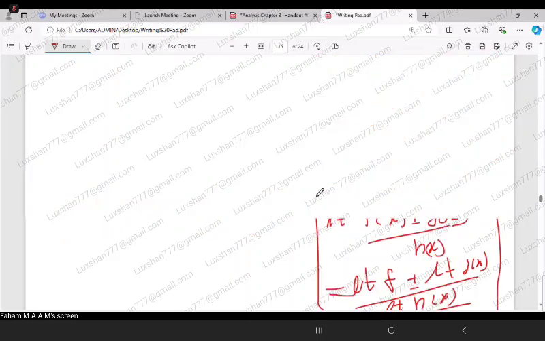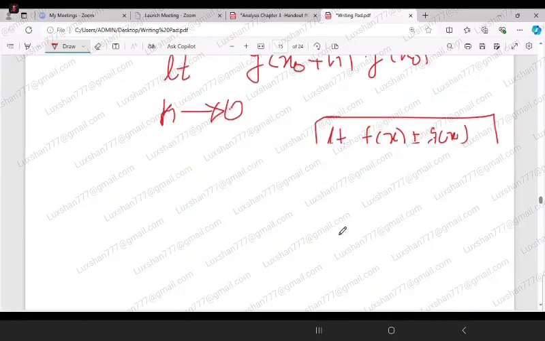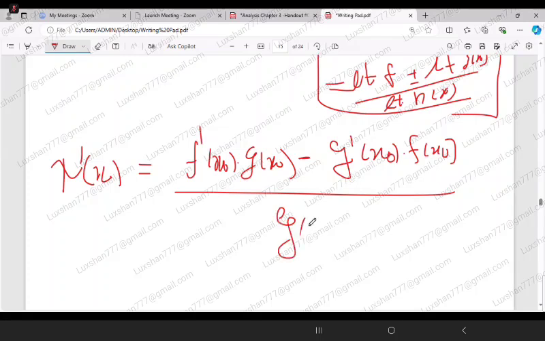The denominator, as h tends to 0, is g of x naught into g of x naught, which is g of x naught squared. Okay, so that is the quotient rule. Do you understand this?